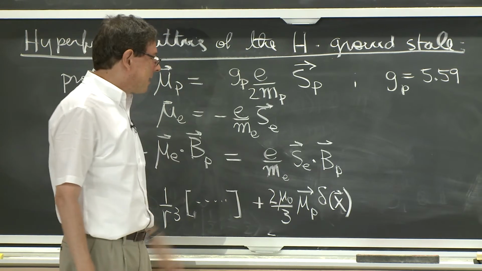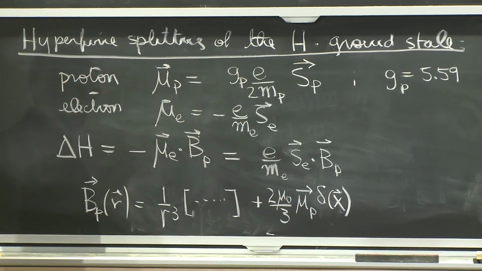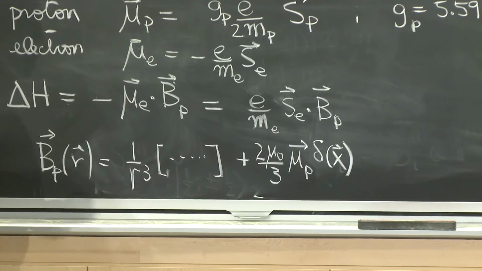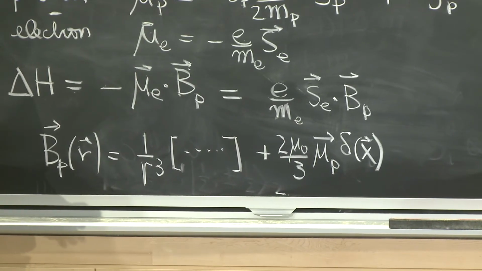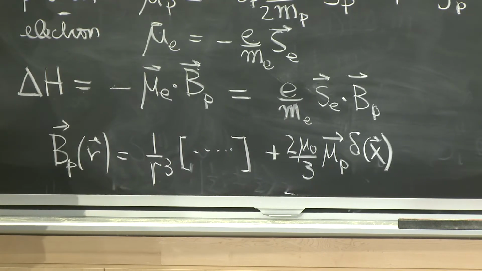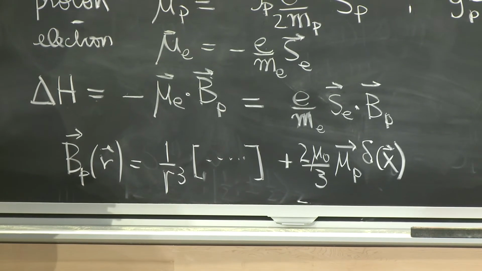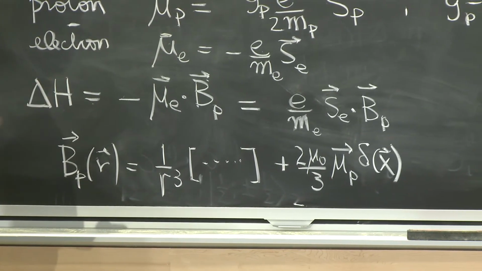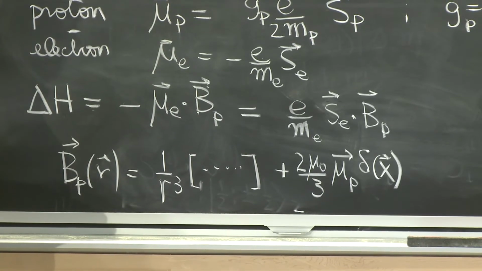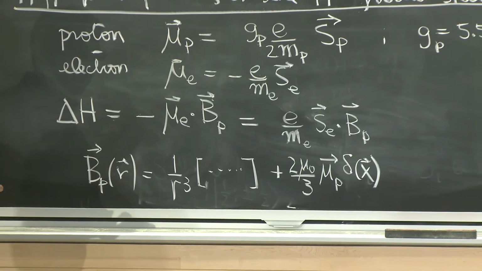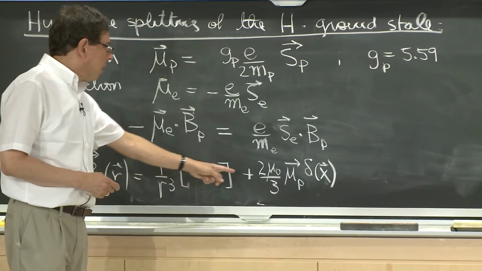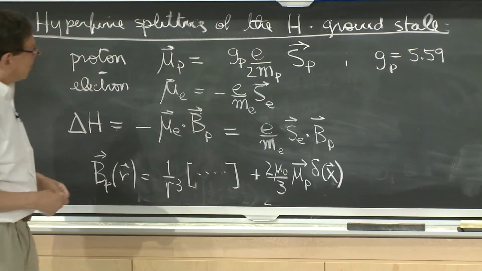This is in SI units. I probably would prefer, if it was up to me, to use Gaussian units, but this is probably more easily found in books. So that's it. There's a contribution to the magnetic field at the origin, which is an extra thing.